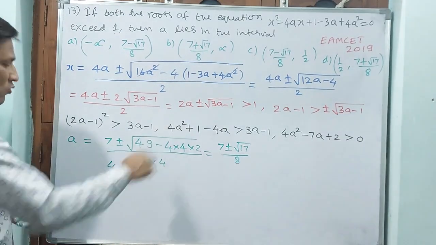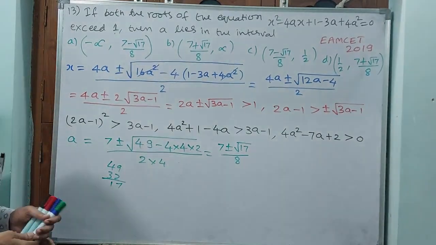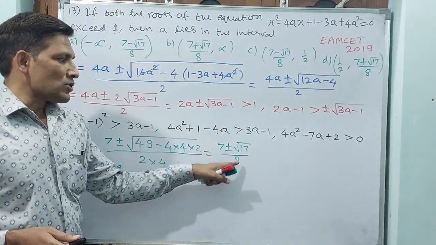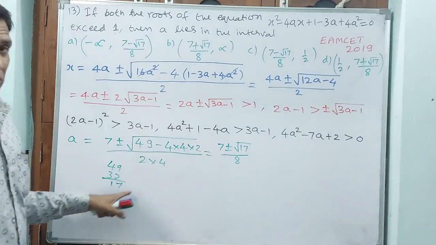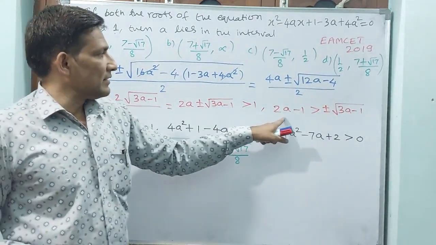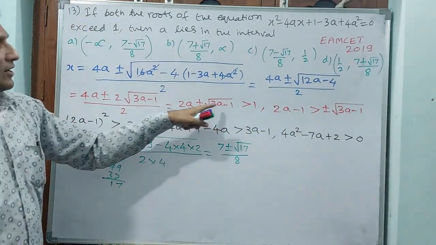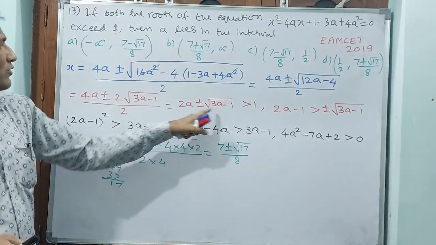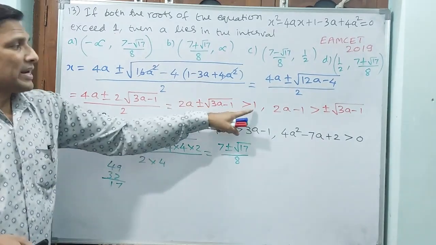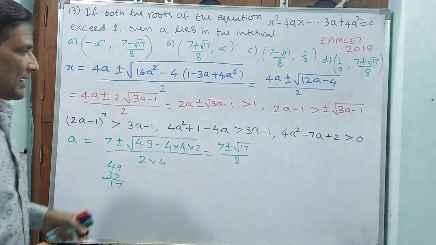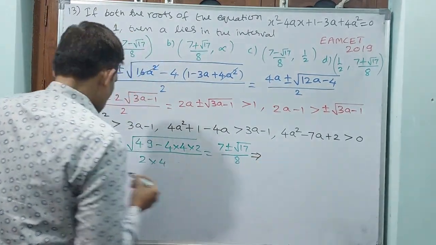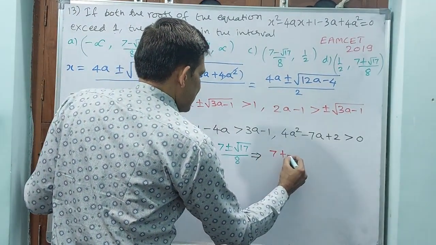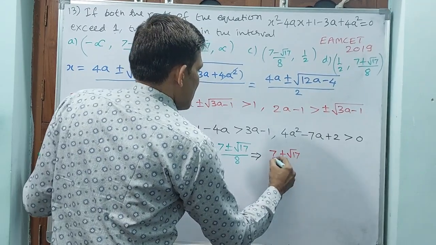Two values of a are there, 7 plus or minus root 17 by 8. Now tell me, if I take 7 minus root 17 by 8, is this a value going to satisfy here? It is not going to satisfy, because with the minus this value should be greater than 1. So you have to write 7 plus root 17 by 8.